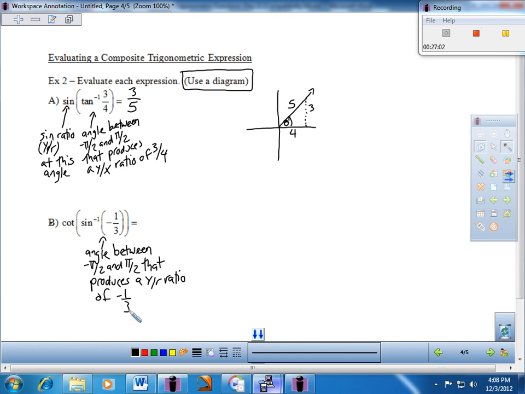All right, that's what that inside expression would tell me, and let's play it out up here on the coordinate plane. It's so easy to do when you see it, and so hard to do when you don't.